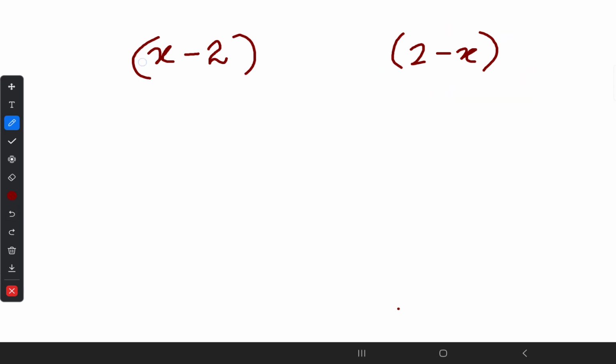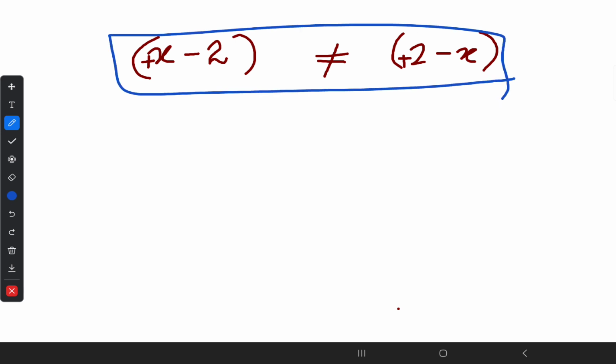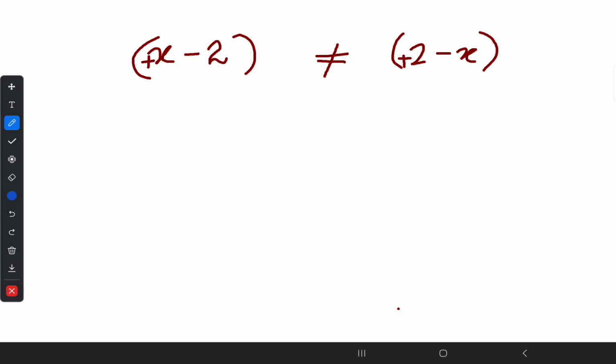Not exactly, because it is having positive here, but the direction is totally changed to its opposite. Not only for x, look at the number 2 as well. 2 is having a negative value here, it became positive. So these two are unequal. But we have a possibility to make them as equal. We will study that one.